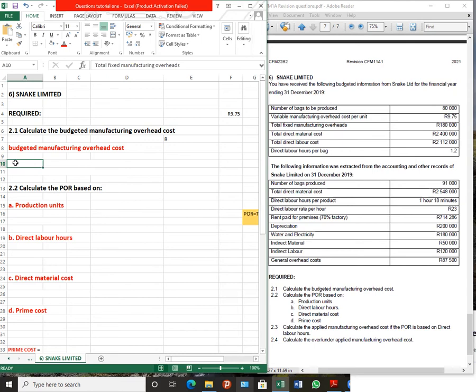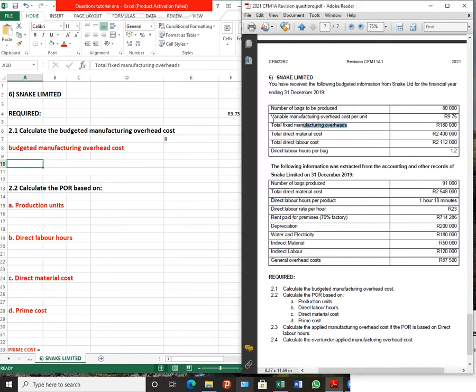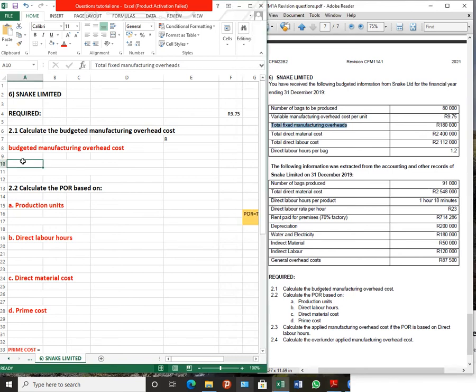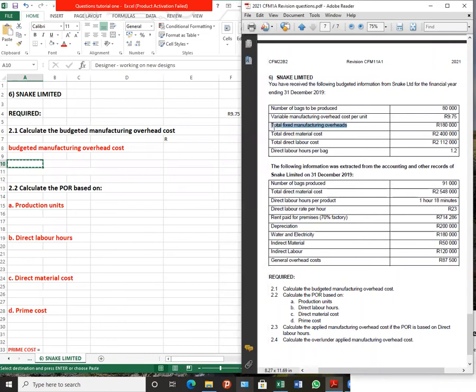I think we are going to take the total fixed manufacturing overhead, which is 180,000, and the variable manufacturing overhead per unit, which is 9 rand 75, and then we say 180,000 plus, brackets, 9.75 times 80,000, close bracket, which is going to give us 960,000.